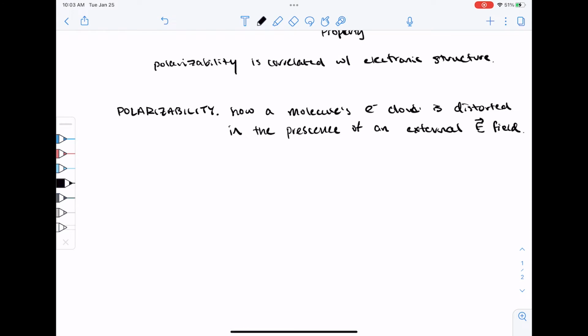And this is important because then it gives us a way to start quantifying the polarizability.